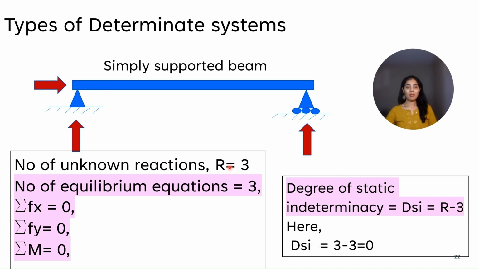That is, number of reactions 3 minus number of equilibrium equations 3 is equal to 0. So, we can solve these equilibrium equations and find out all these reactions. So this is a determinate system.